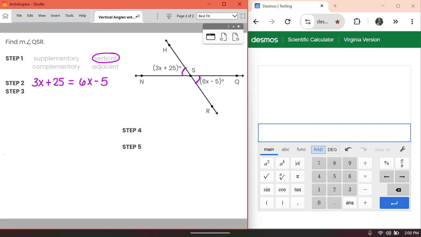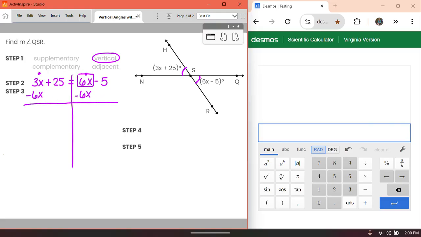And then step 3 is to solve. So this is where I was talking about using that word simplify. What we usually do in an equation like this, when we have x's on both sides, is we box the one on the right and we move it, just because we prefer our variables to be on the left. I'm sure some of you do it differently in other classes or other schools, but that's just how we like ours to be.